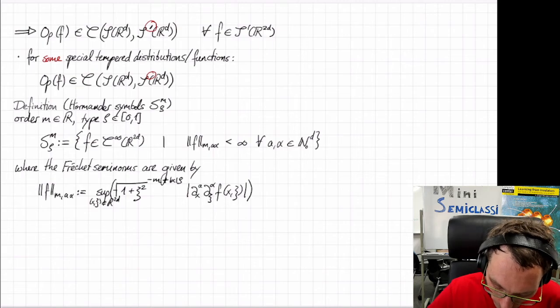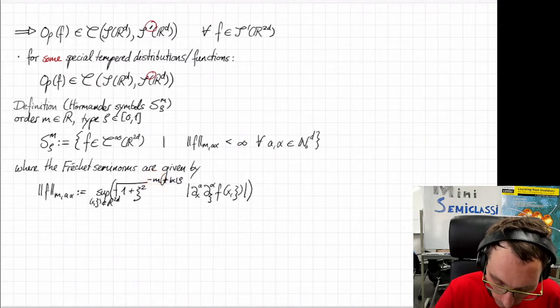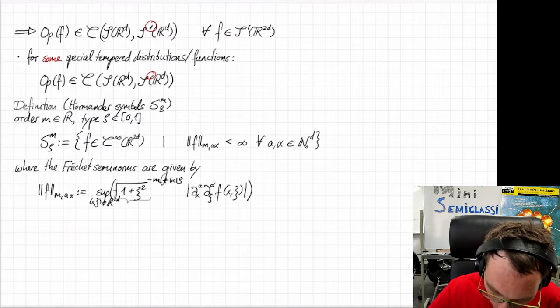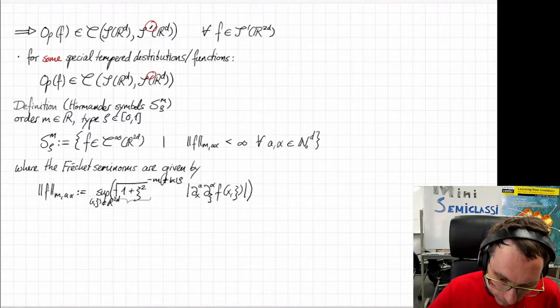So if a and alpha are 0, then this just says it does not grow faster than absolute value of psi to the m at infinity.